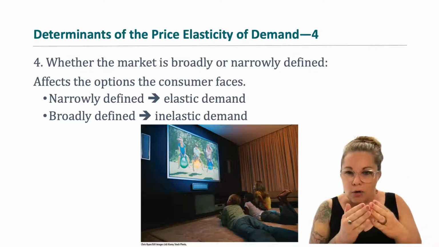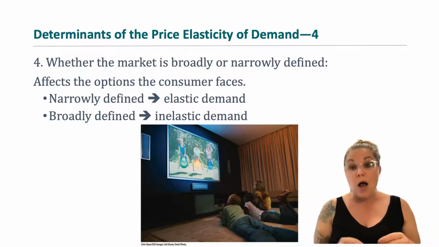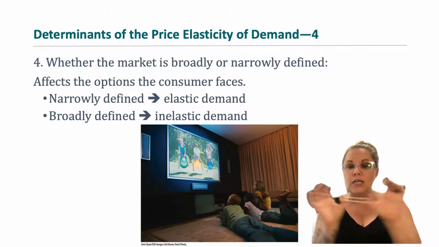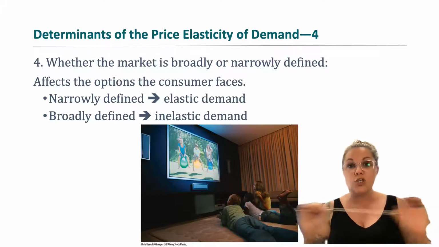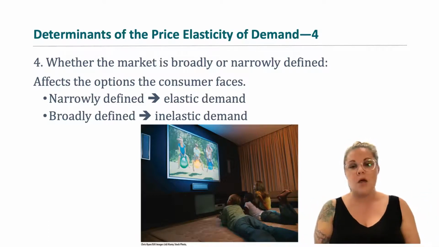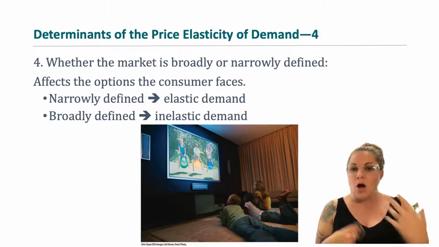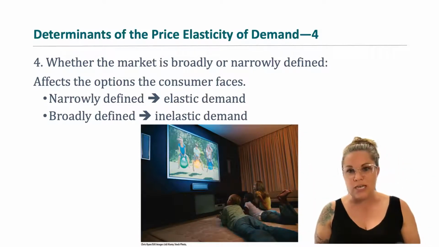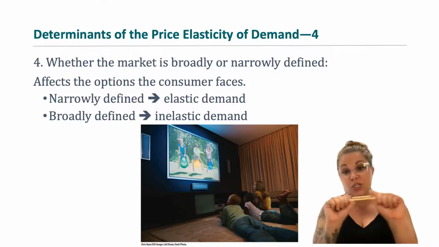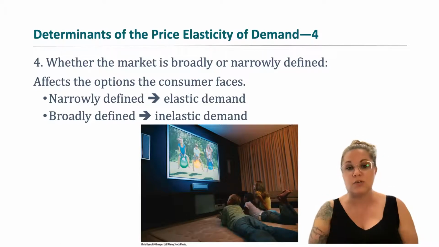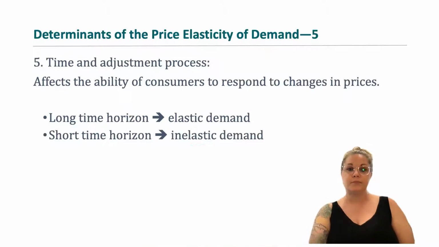So the more narrowly or more specific you are about a market, the more elastically we respond to prices changing in that market. Whereas when a market is really defined very, very broadly, all of a sudden we have fewer substitutes and fewer options, and we're not going to change our behavior that much as the result of a price change.